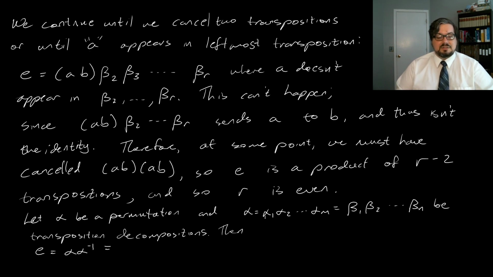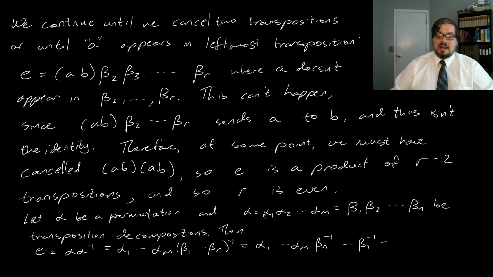That's always going to be the case, which gives us alpha 1 through alpha m times beta 1 through beta n inverse. Now remember, when we take the inverse of a product, we have to reverse the order. However, we also know that the inverse of any transposition is itself. So we get the following.